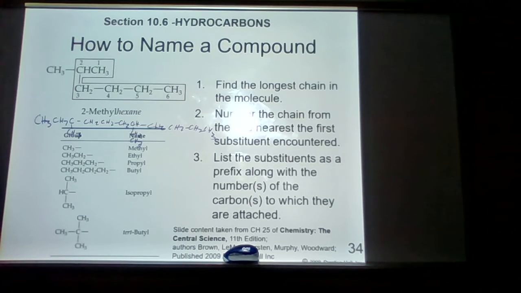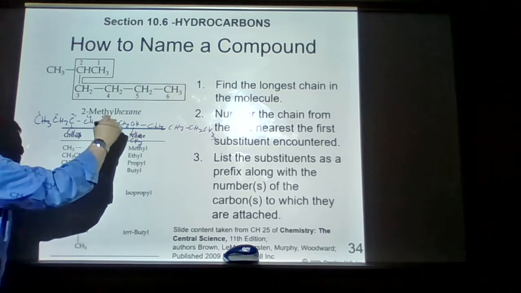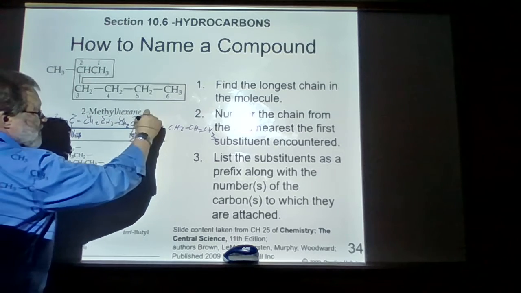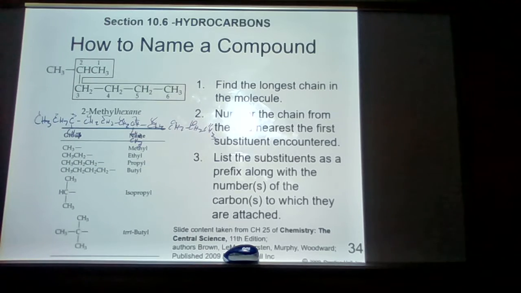Okay, how many carbons? 1, 2, 3, 4, 5, 6, 7, 8, 9, 10, 11.